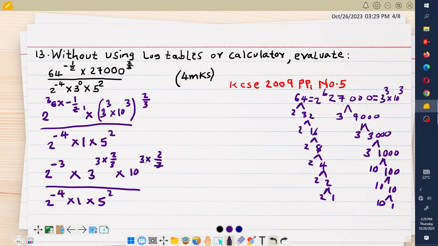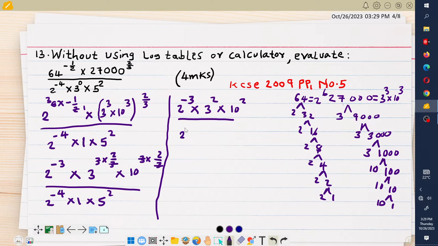Of course 3 and 3 will cancel out, and 3 and 3 will also cancel out. Then I take the remaining values. So I have 2 to the power of negative 3, then multiplied by 3 to the power of 2, then multiplied by 10 to the power of 2, then divided by 2 to the power of negative 4. Then, remember, 1 times a number is the same number, so I'm going to pick times 5 to the power of 2.